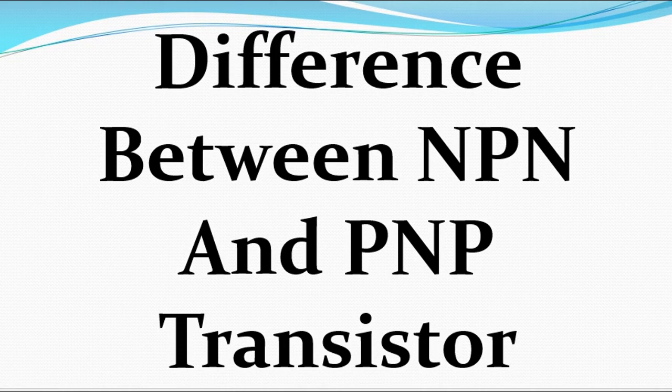Remember that NPN signifies negative, positive, negative. The current will flow from collector to emitter, and the part in between the NPN is the positive. That is why I say when the positive supply is given to the base. This B here is the base. That is what I meant.